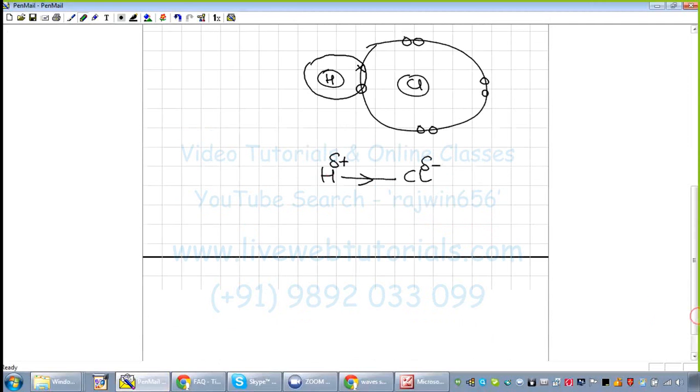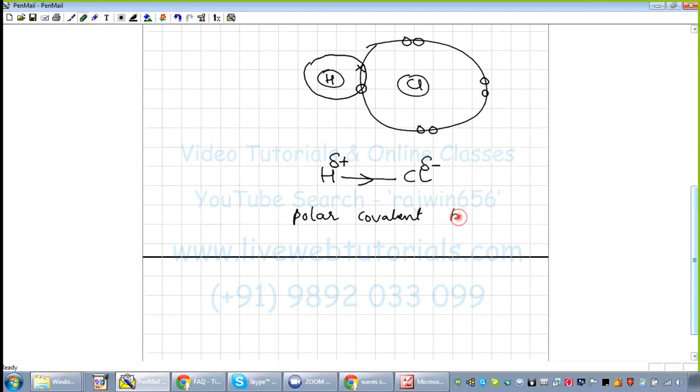A bond that is formed where the electron pair is not shared equally is known as a polar covalent bond. So although the bond is a covalent bond, it is polar.